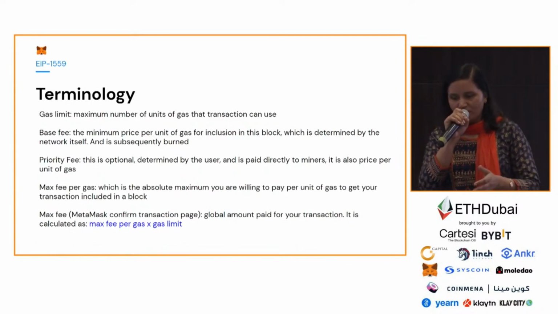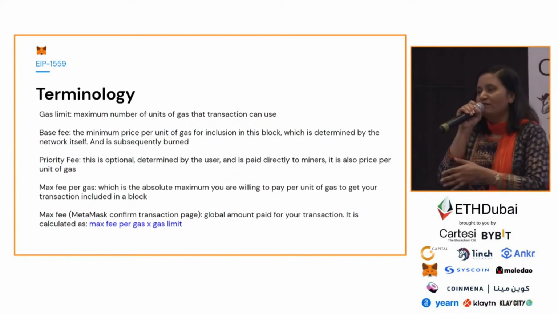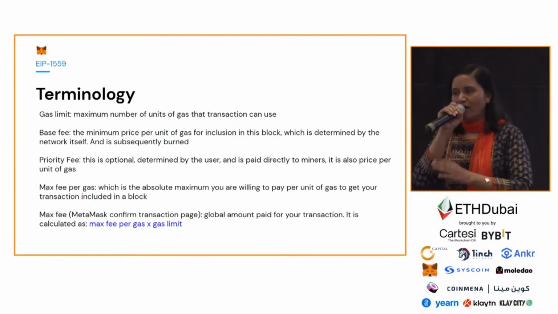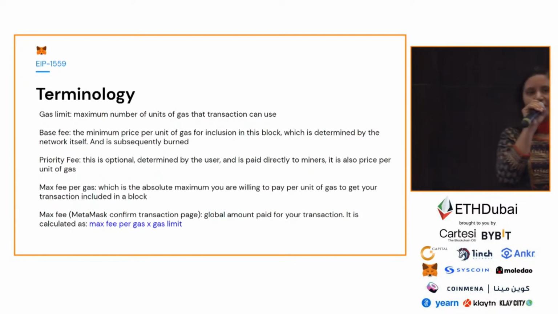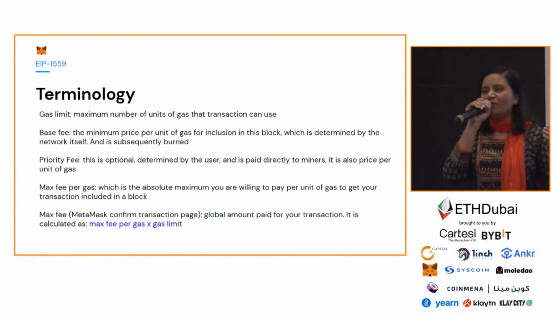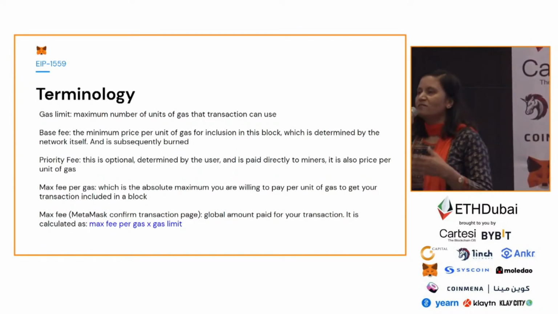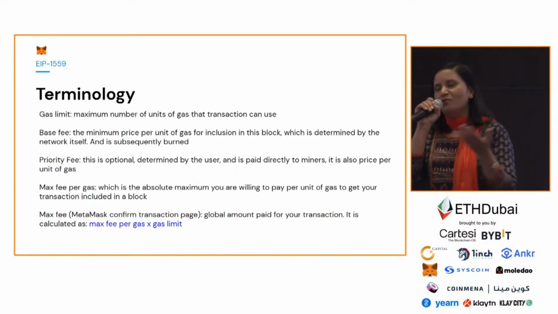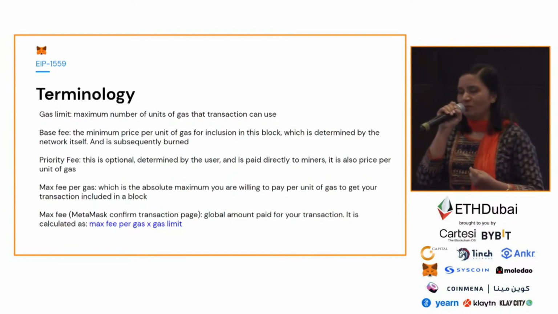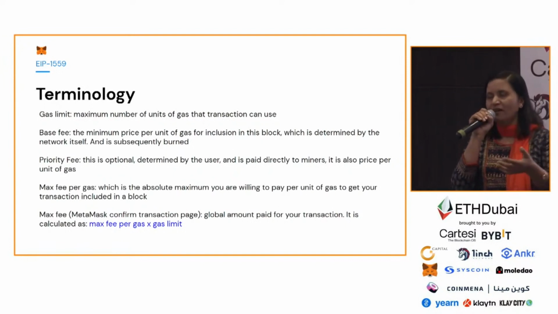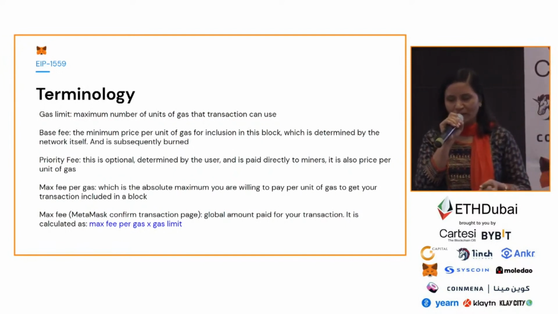Now my transaction needs only 3,000. So the network will use only 3,000. It will not use 5,000. But suppose I specify the gas limit as 1,000, but my transaction needed 3,000. So it will run out of gas. Whatever gas is consumed will be lost, and my transaction will not be executed. So always specify a gas limit a bit more than what you think your transaction is going to need.